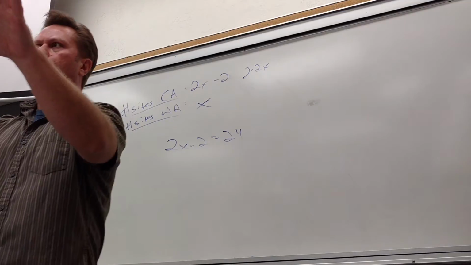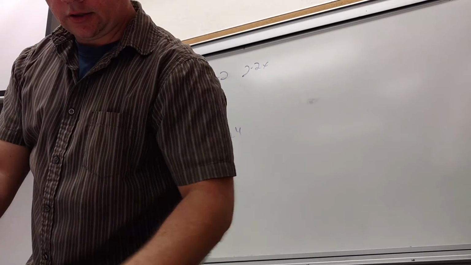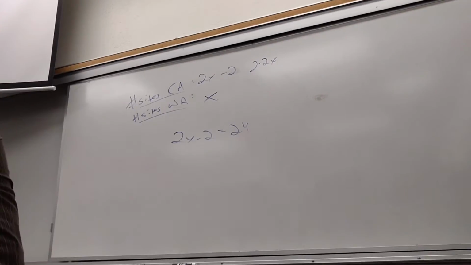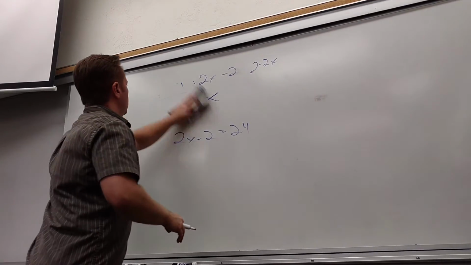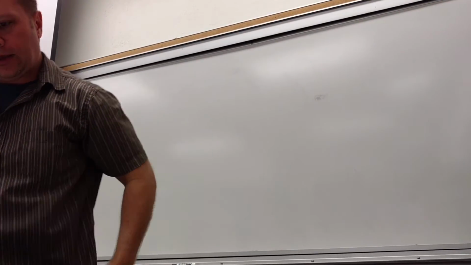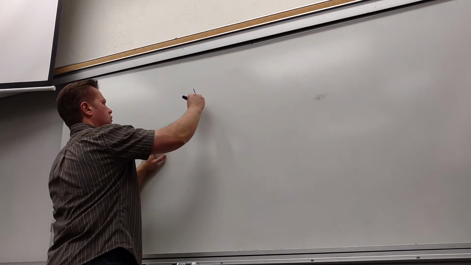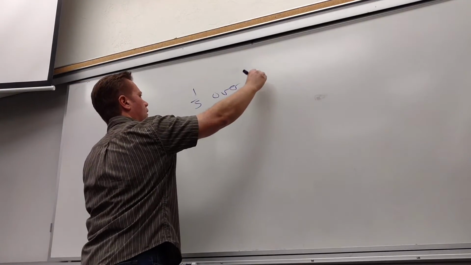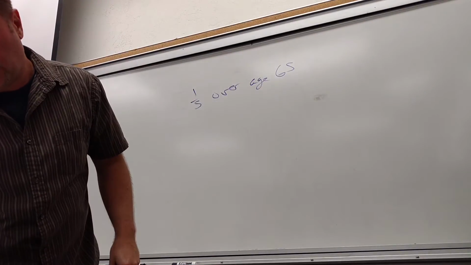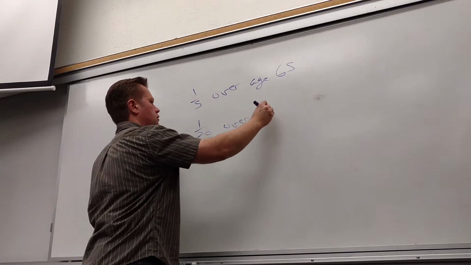All right. Anything else from homework? Oh yeah, a couple people did this problem, and this problem is a little bit evil. If I said 1/5 of the population is over age 65, and 1/20 of the population is over age 85.